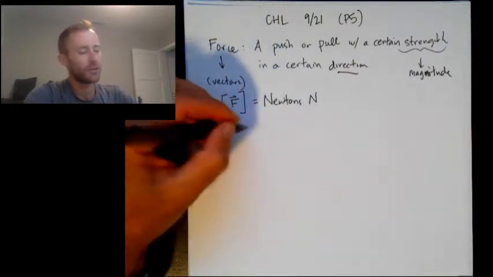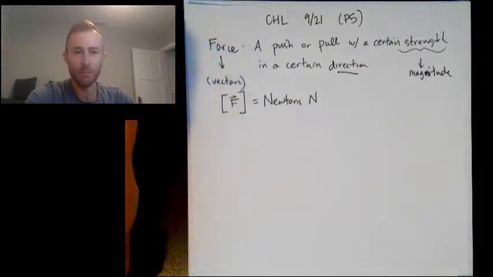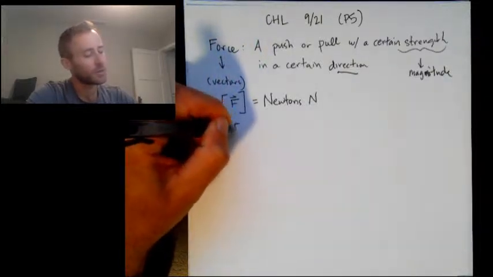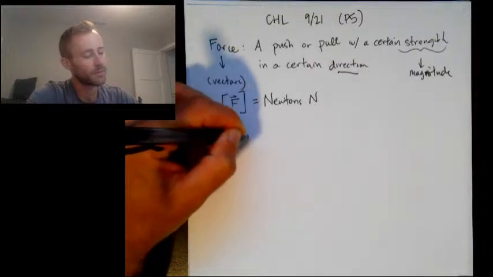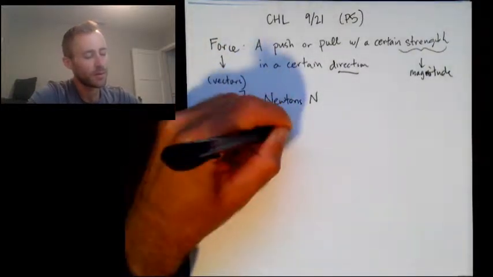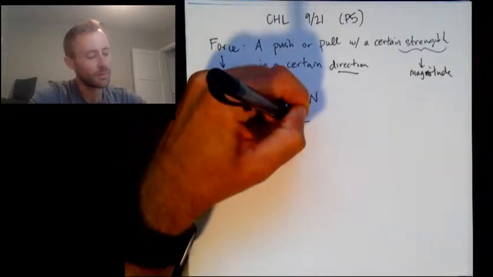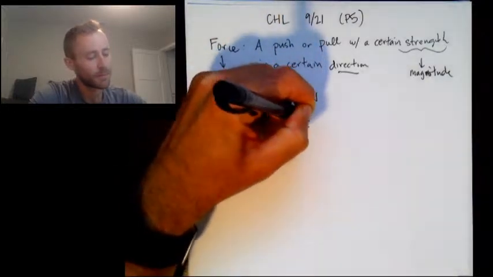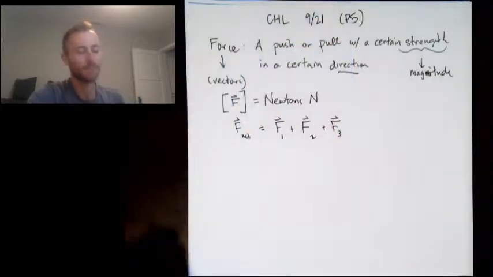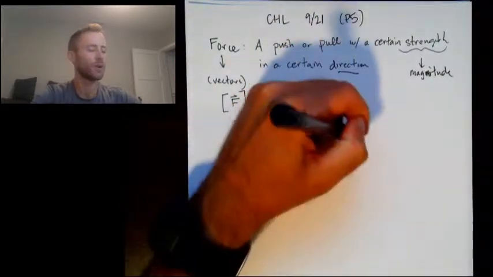And if you have more than one force acting on an object, there's a concept called net force, which is just the vector sum of the individual forces acting on the object, however many there are.